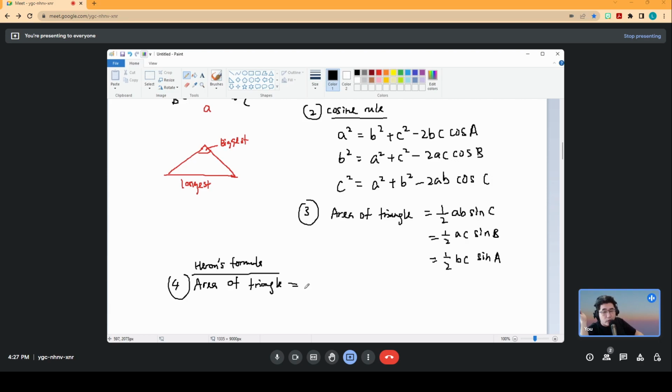The area of a triangle follows the formula square root of s(s minus a)(s minus b)(s minus c), where s is half of a plus b plus c, which is half of the perimeter. As you can see, we only look at the length a, the length b, and the length c, with no angle involved.